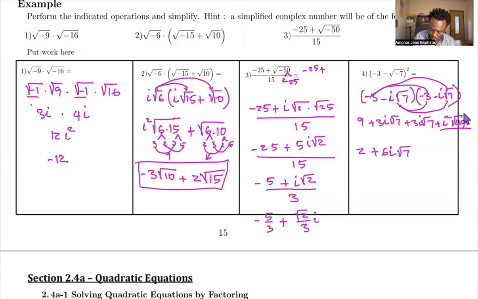Let me fix this. So that is, this one is when we did that, right? So that is plus 3i, oh, no, plus 3i square root of 7. So then that's your final answer here.